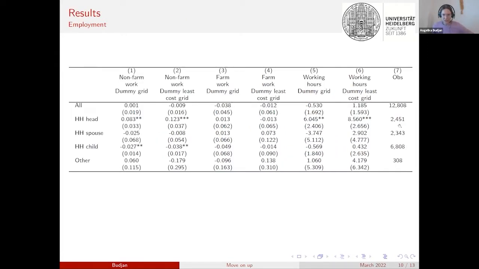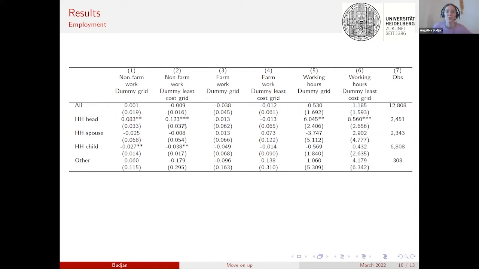And so as a channel, I'm showing you here the results on employment. And on average, you can see that for all individuals, I don't find an effect on employment. But for the household head, there are very clear effects. So for the household head, the likelihood to work in non-farm employment increases by 12%.